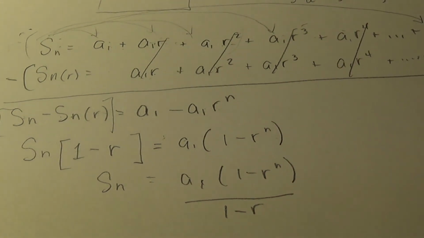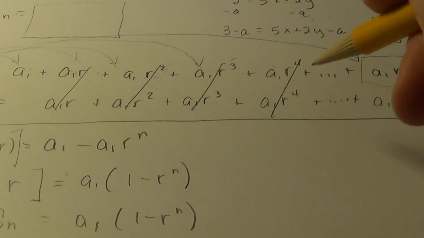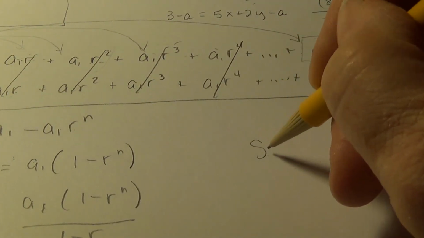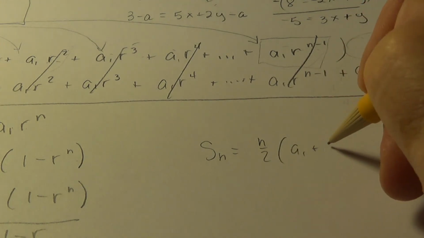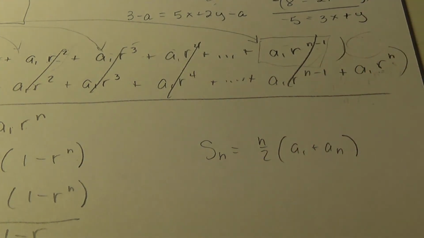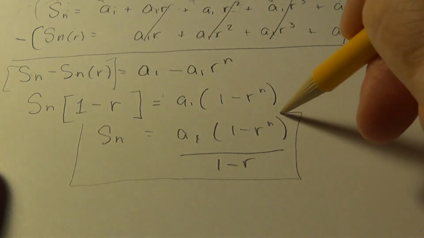Alrighty, how's that look for a formula? It's not as nice. Remember the arithmetic one? The sum of n terms was n over 2 times a sub 1 plus a sub n, so that was nice and sweet. This one isn't as sweet, but it's not that bad.